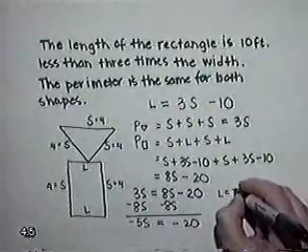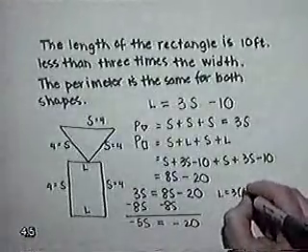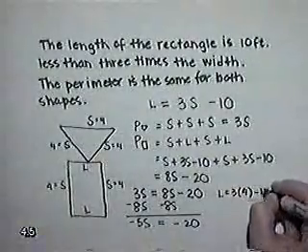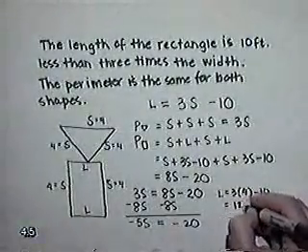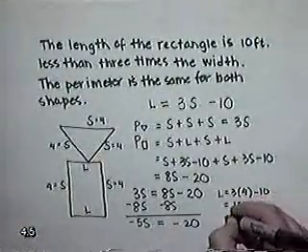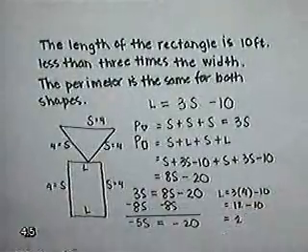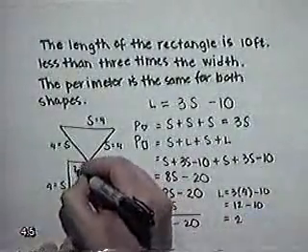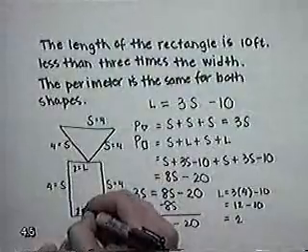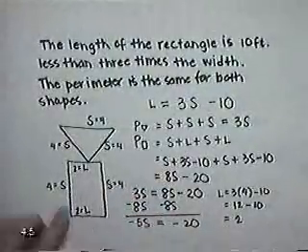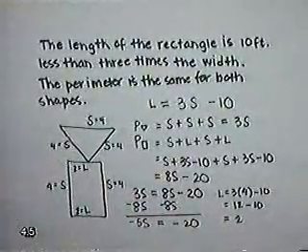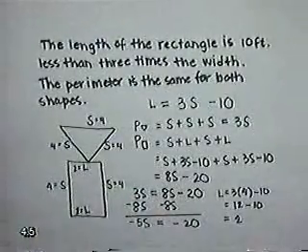L equals 3 times 4 minus 10, or 12 minus 10, or 2. So I have the length and width of the rectangle and the length of all the sides of the equilateral triangle, so I've completed the problem.